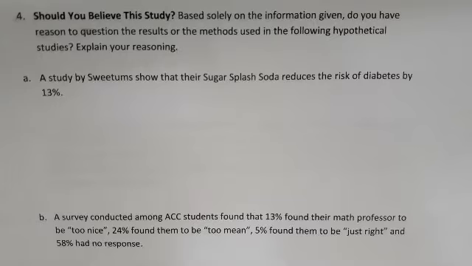So this first one says, a study by Sweetums showed that their sugar splash soda reduces the risk of diabetes by 13%. Okay. So if we go back, look at this first page.